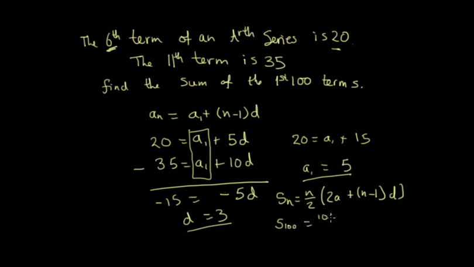So it's going to be 100 over 2, times 2 times a, which is 5, so 10, plus 99, because n minus 1, times d, the difference, which was 3. If you do the calculation, put it into your calculator, it's going to be 15,350.